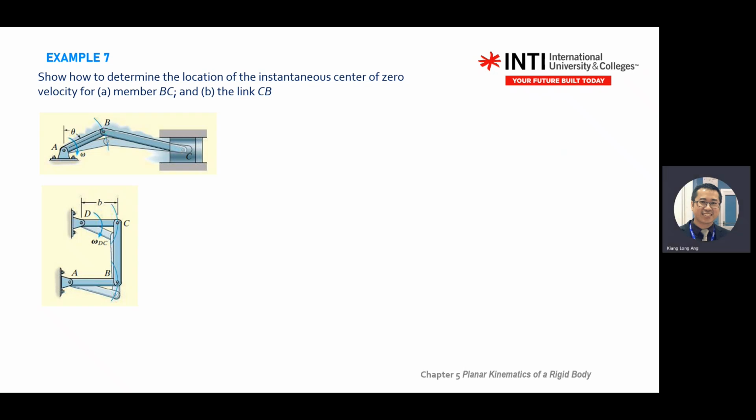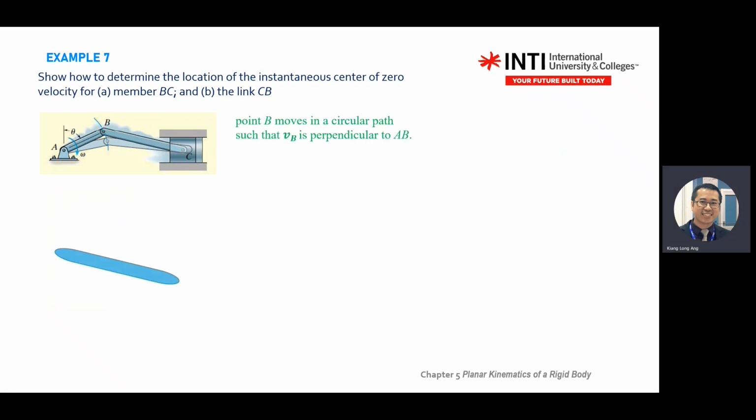So how do you draw? Do you know how to draw the velocity vector for B? It's 90 degrees, right? Like this one. Okay. What is the C vector? Going right. Now you know the trick. Draw the arm or link. Put in B, C here.